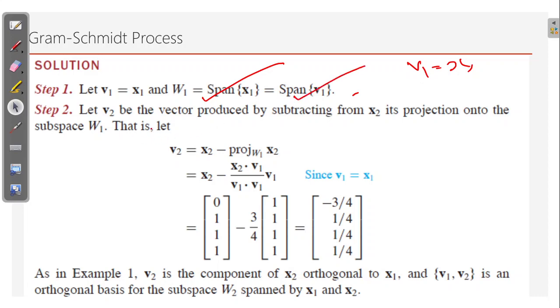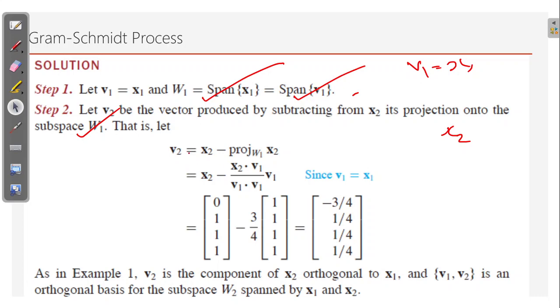Then we will let the second vector V2 be the vector produced by subtracting from x2 its projection onto subspace W1, which is the previous subspace spanned by x1 or spanned by V1.